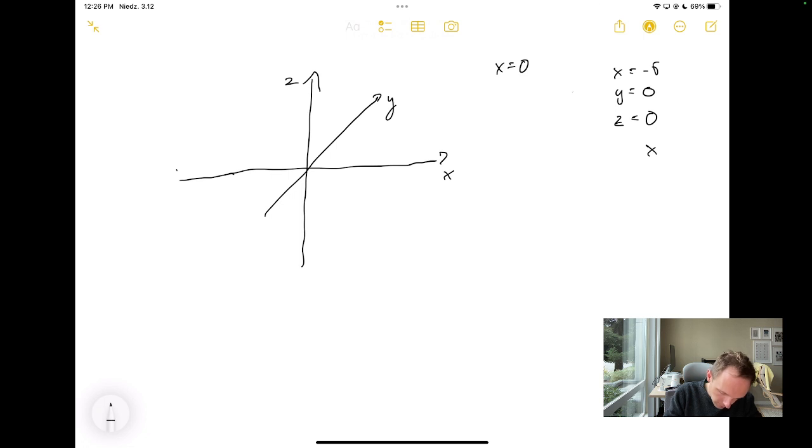So here's the camera at X minus 1, 2, 3, 4, 5, right?